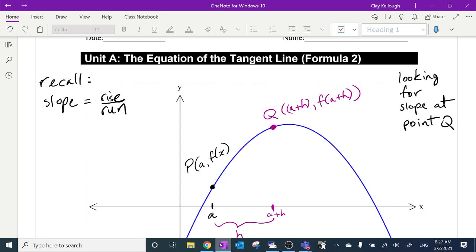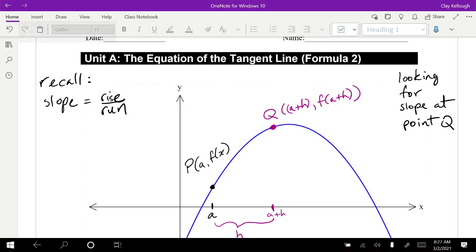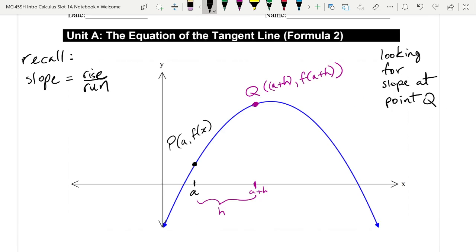Okay, so instead of thinking about joining points P and Q and making a secant line, which is how we found Formula 1, let's just think about the distances that we would call rise and run. So I'm going to use a different color here. I'll use green.